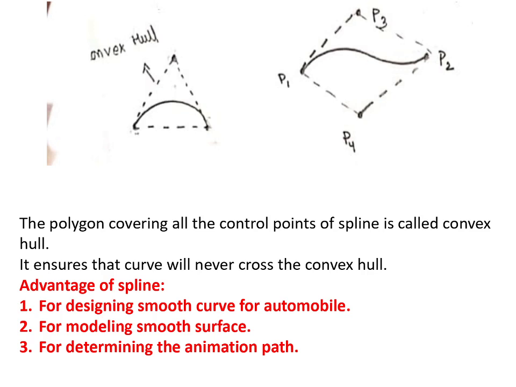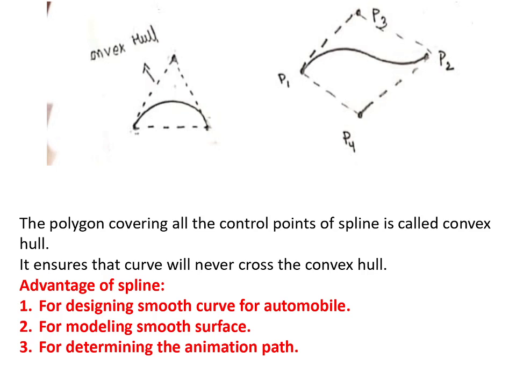The advantage of the spline is for designing smooth curves in the automobile industry. When we design an automobile vehicle or any type of gadget based in the automobile industry, the spline curve is widely used for modeling smooth surfaces.